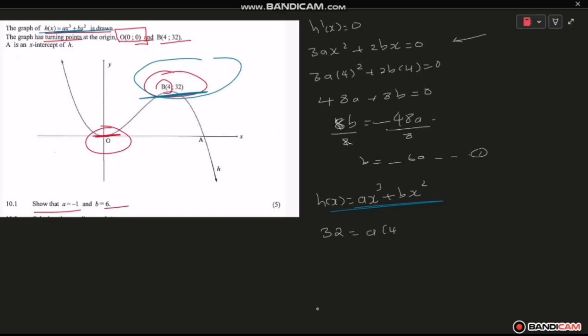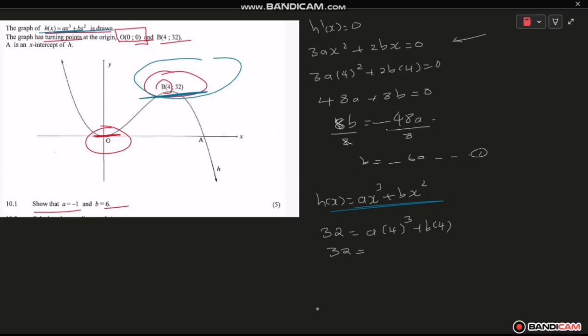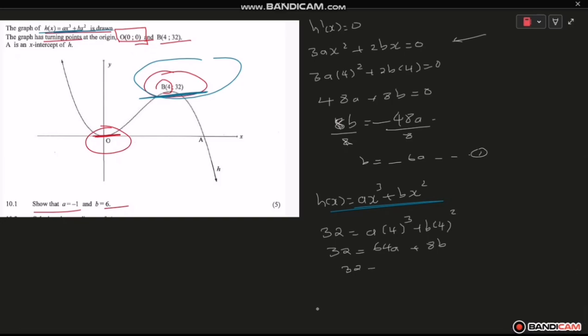So 32 equals a times 4 cubed plus b times 4. Then 32 equals 4 cubed. What is 4 cubed? It's 64. Therefore 64a plus 4b. Okay, it must be 8b there because there's a square. Therefore 32 equals, sorry, here there's a squared.